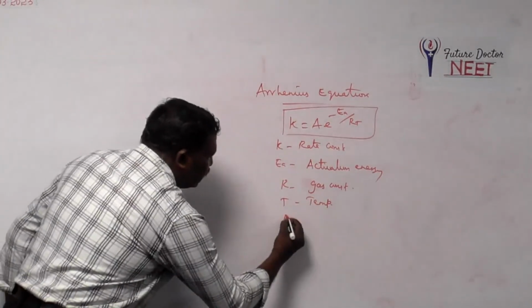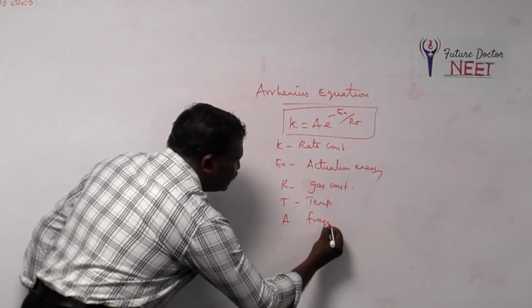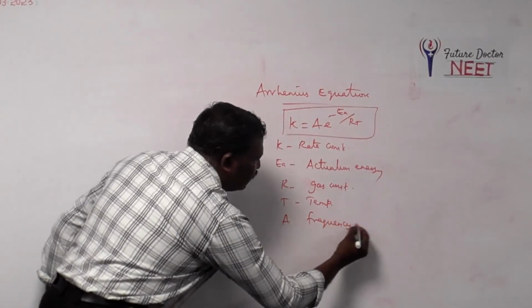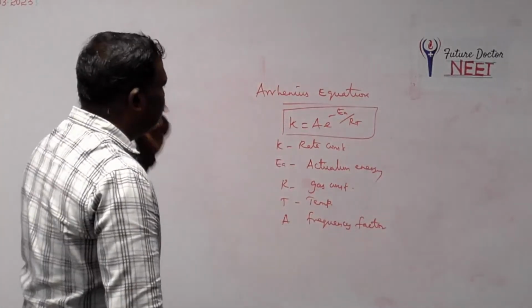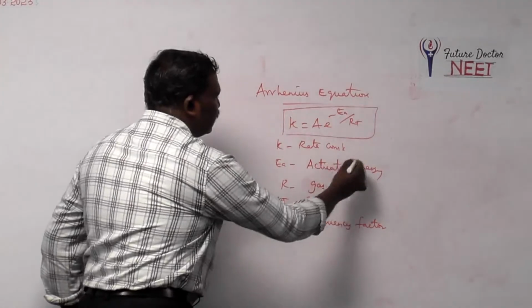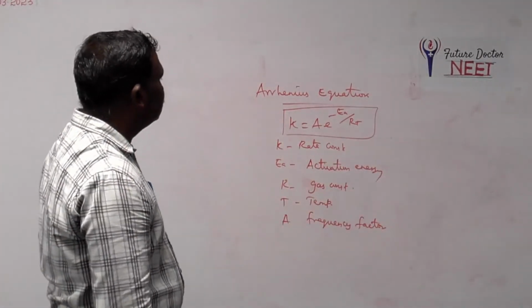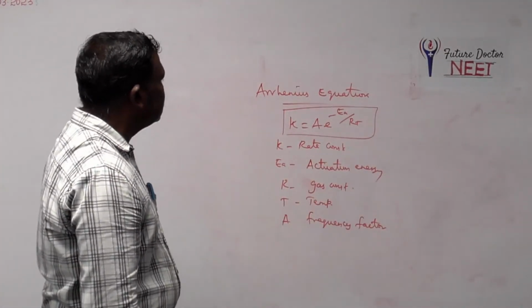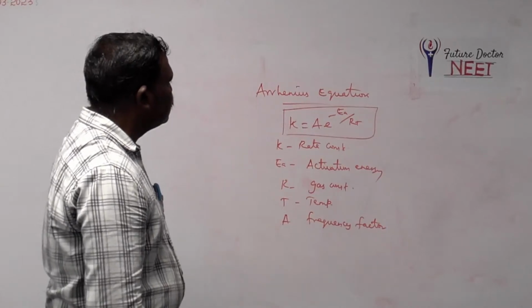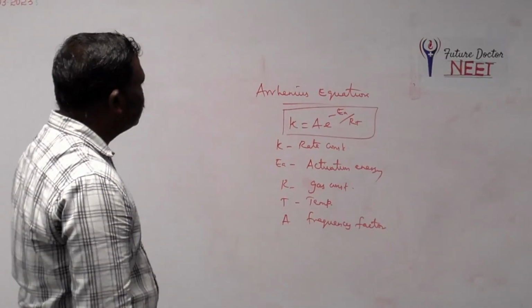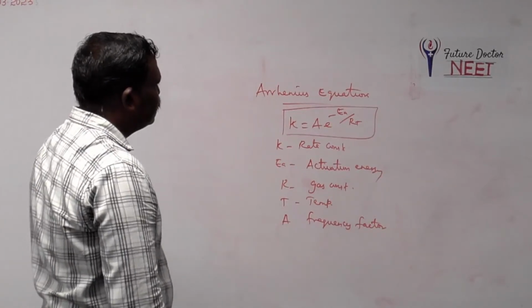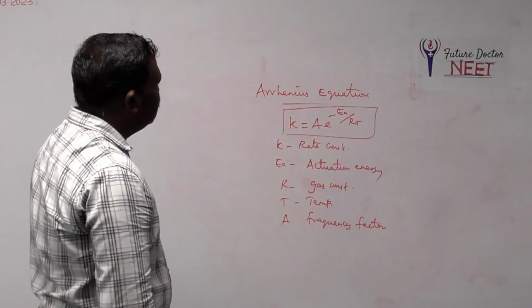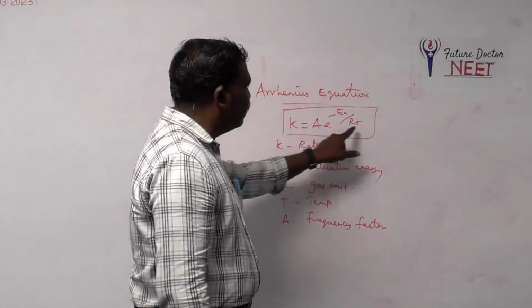A is called the frequency factor, or Arrhenius factor. Just remember, it relates the rate constant and the temperature.